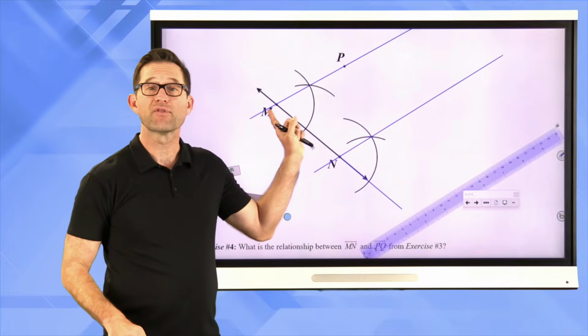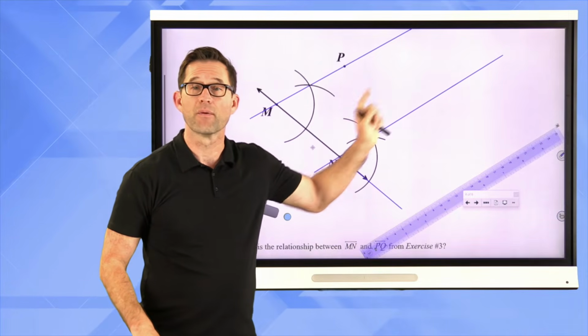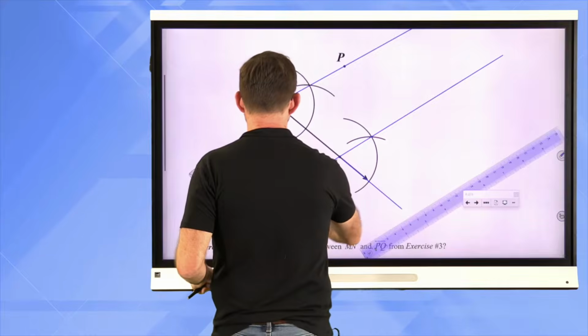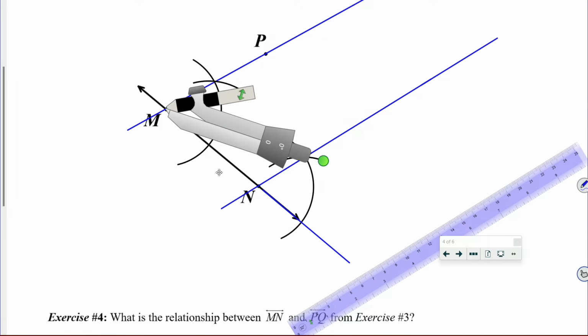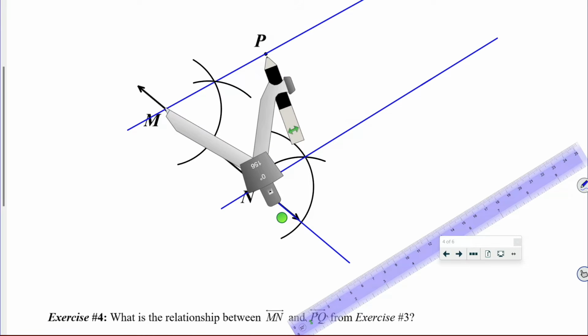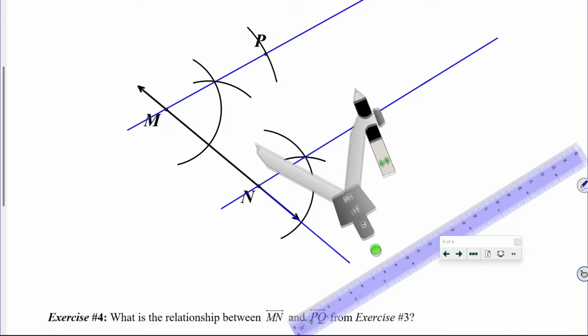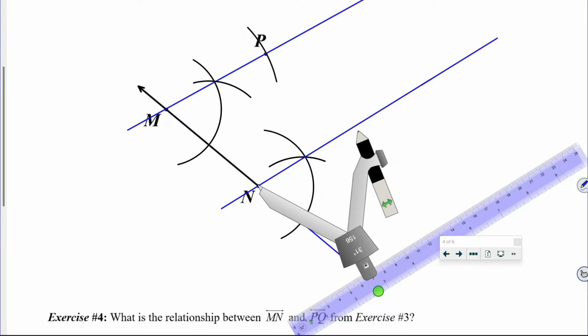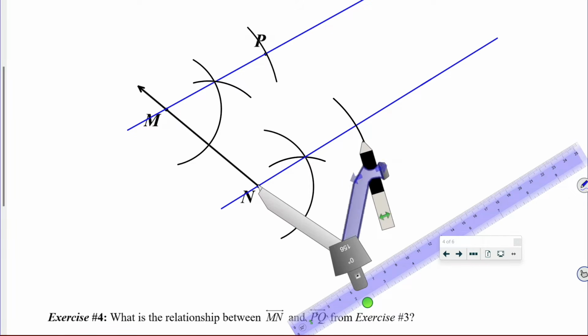Now I just have to measure the length of the vector that goes from M to P, as always, right? With my compass. I measure the length, open it up. That's pretty good. Excellent. Bring it down to here. Measure the same distance.